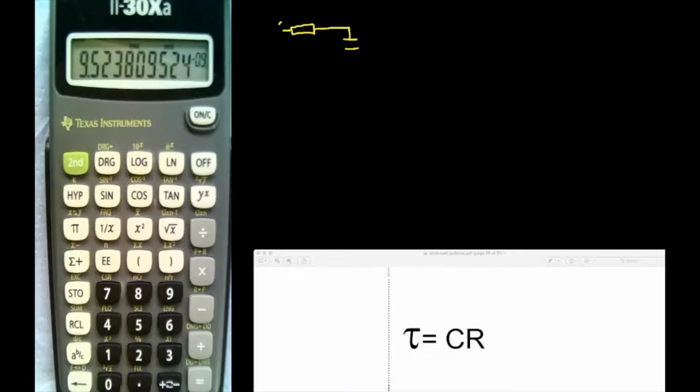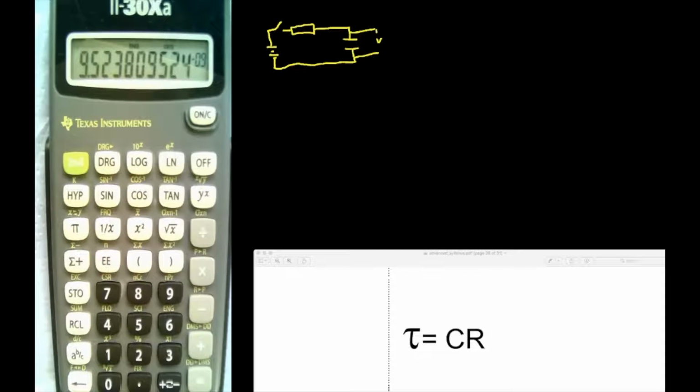There's a switch there and a battery. And if we measure the voltage across the capacitor, and we look at the time taken after the switch is closed, we'll get a curve, and we can interpret this curve in terms of time constants.